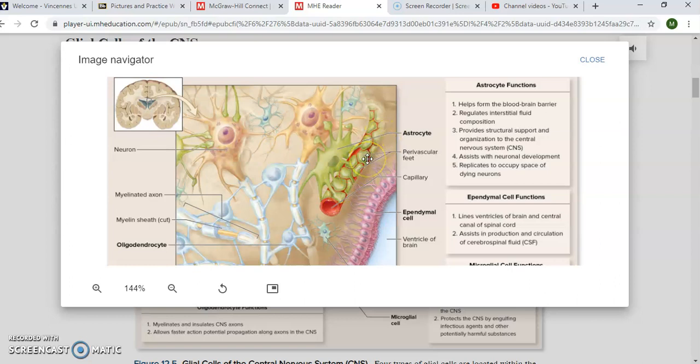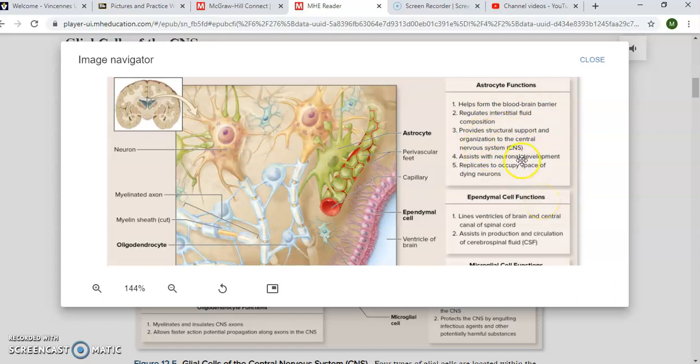But one of the roles of the astrocytes is to help form that blood-brain barrier, to help regulate what can actually get to the neurons, because there are some things that could get to the neurons that could harm them. So we want to be extra careful with that, and we have astrocytes in our nervous tissue to do that. There are other functions, but those are the two big ones: helping form the blood-brain barrier and providing structural support.